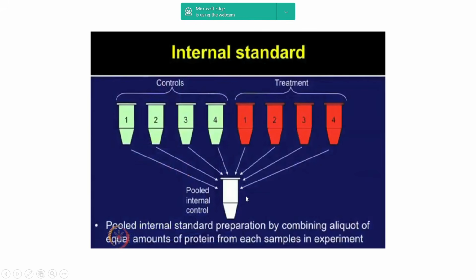So this acts as a standard, and you need to refer each and every protein band you find in the treated and control samples against your internal standard, compare it, and if it is present, only then can you consider that protein. If not, you need to eliminate it.